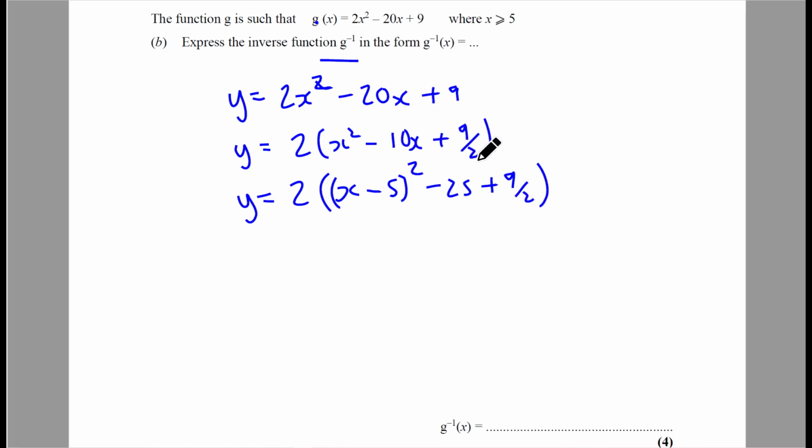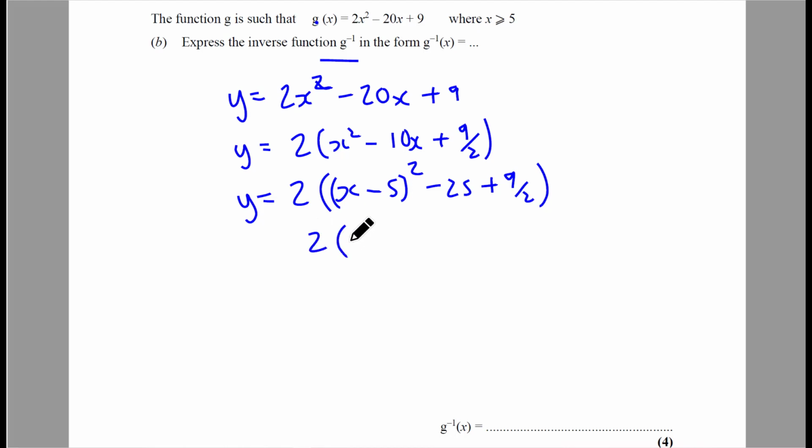Okay, I think that looks correct. So let's just simplify that.